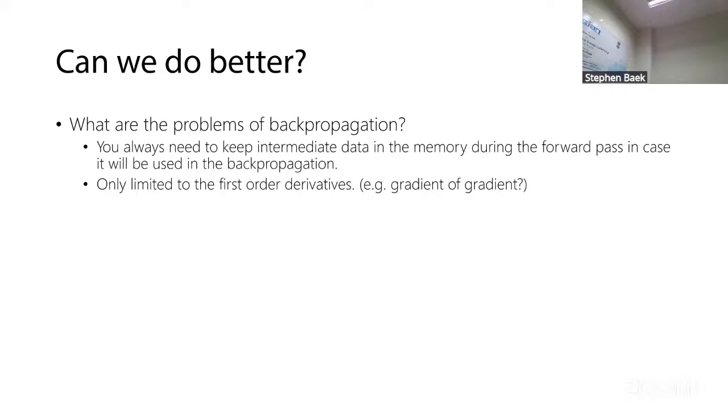And also, this is, I think, a more important question to ask. With backpropagation, we know how to take the derivative, and it works great for first order derivatives. But what if you need a second order derivative, like in that harmonic oscillator example?